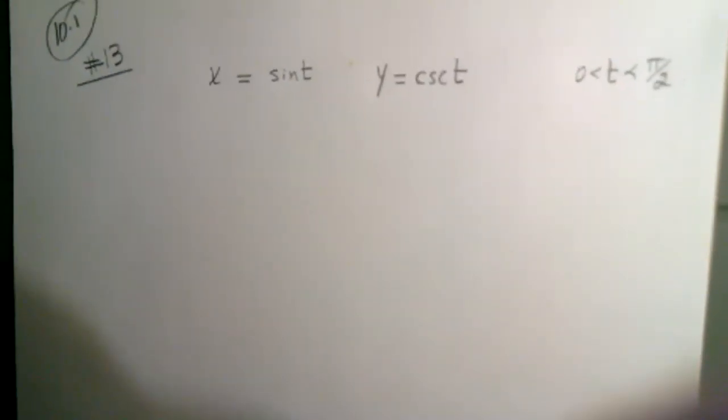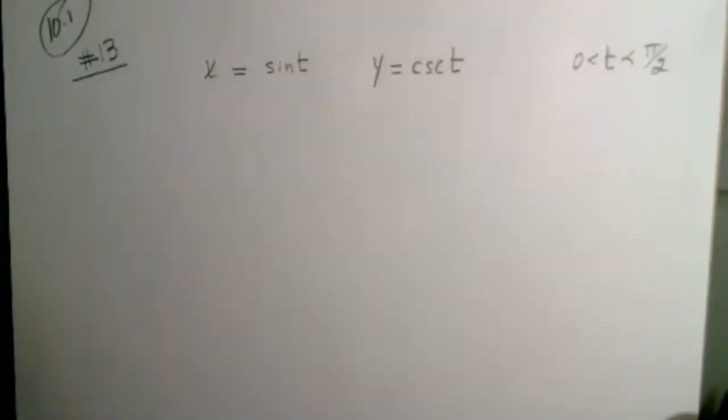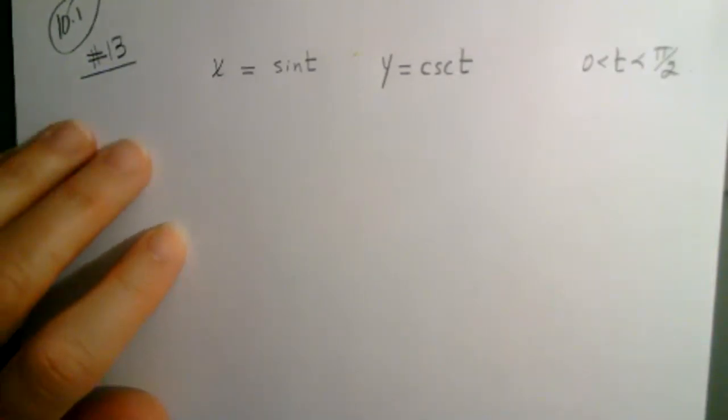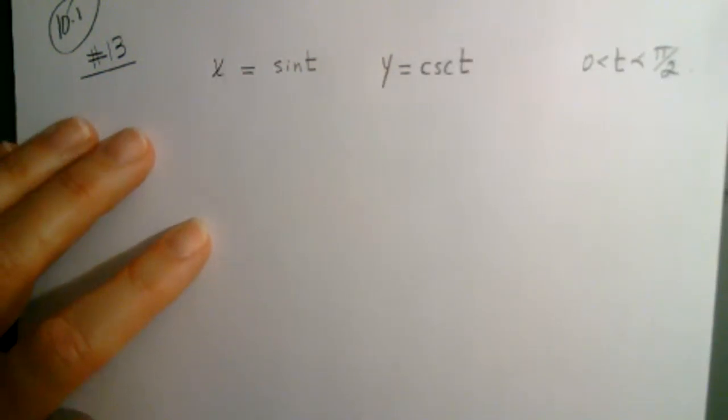Okay. So the question is, they want us to eliminate the parameter. So how do you want me to eliminate the parameter? I need to find a relationship between x and y. Basically, that is by eliminating the t.